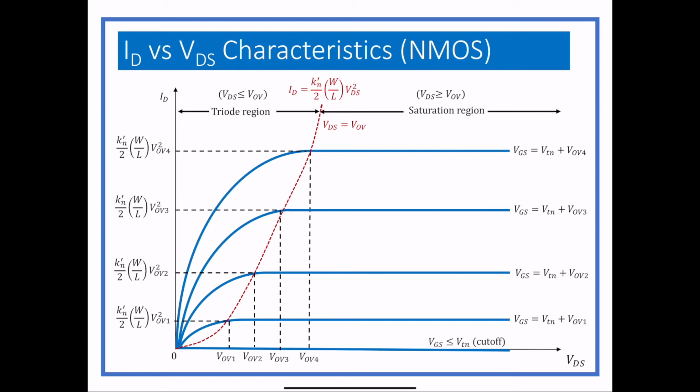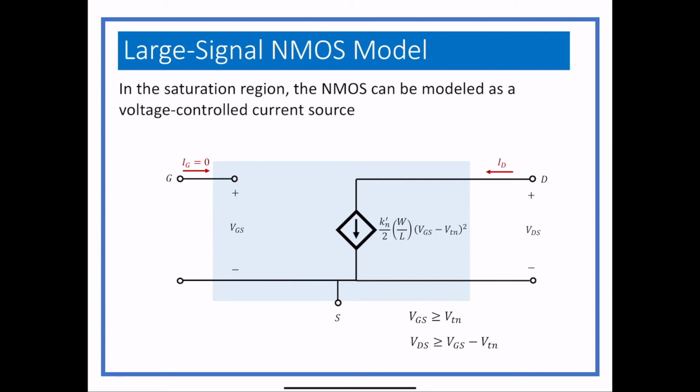What we can do is model this if we have large signals, which means you're applying something that's changing a lot. We can model this as a voltage-controlled current source. When we do that, you see we have a current source that is directly related to VGS. So if VGS goes up or down, the value of that current on the other side will change.